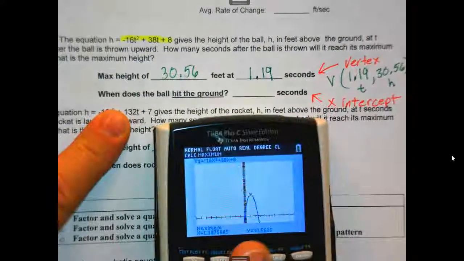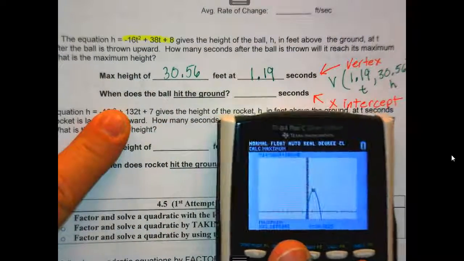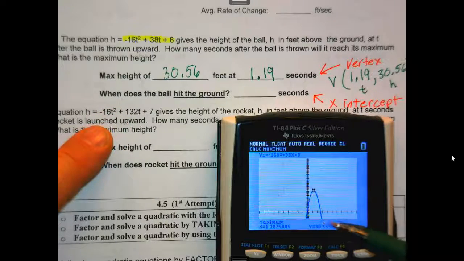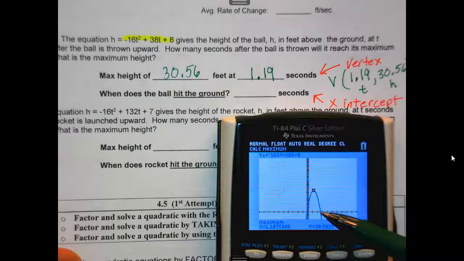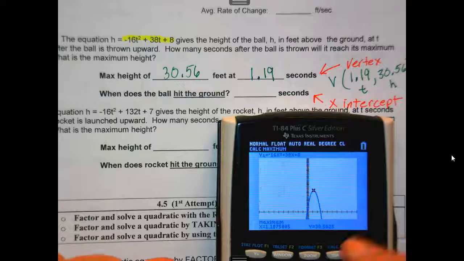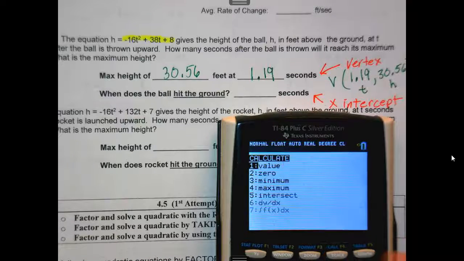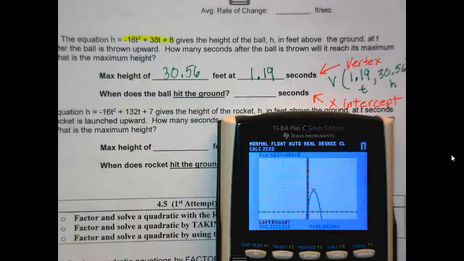Then it asks you where it's going to hit the ground. And that's, guys, so I'm going to be looking for that x-intercept. So that's my 0 in your calculator. So go back to the second trace. Go to 0. And I got to do that whole left bound, right bound thing again.